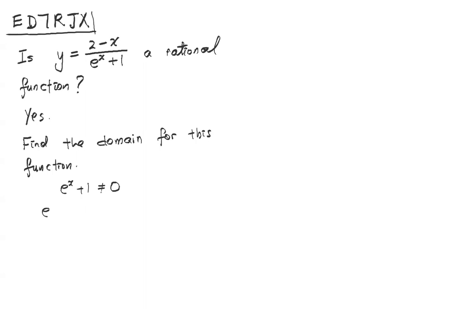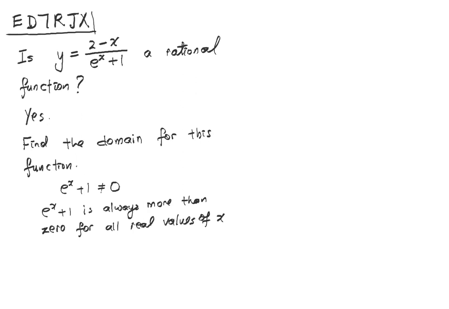We know that e to the power x plus 1 is always more than 0 for all real values of x. Am I right? So that means in this case, is there a restriction for the x value? No. So therefore, the domain is x, where x is a member of the real numbers.